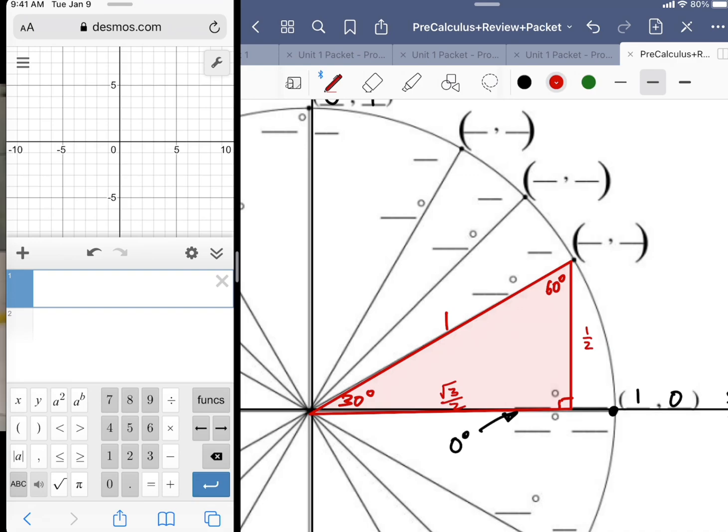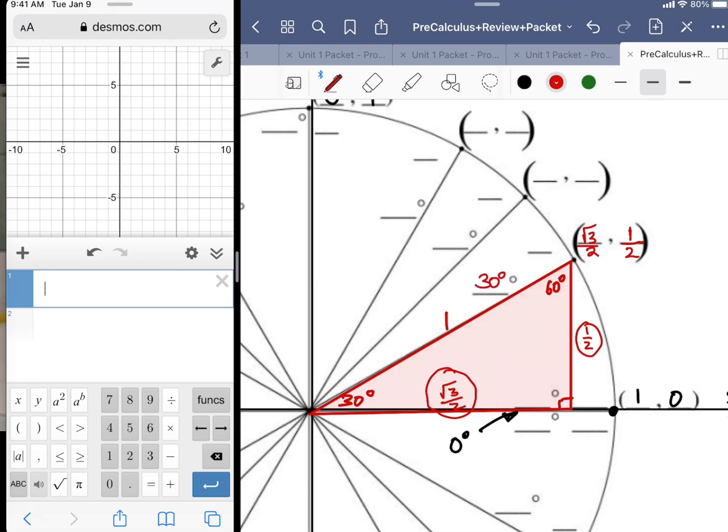So what am I doing here? I'm translating to the right radical 3 over 2. And then I'm translating upward 1/2. So now I have my first ordered pair. That corresponds with a 30-degree angle.